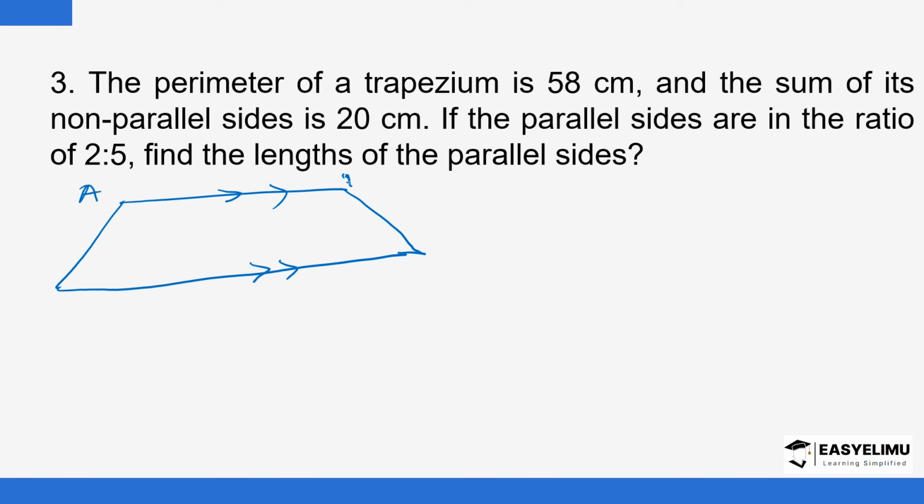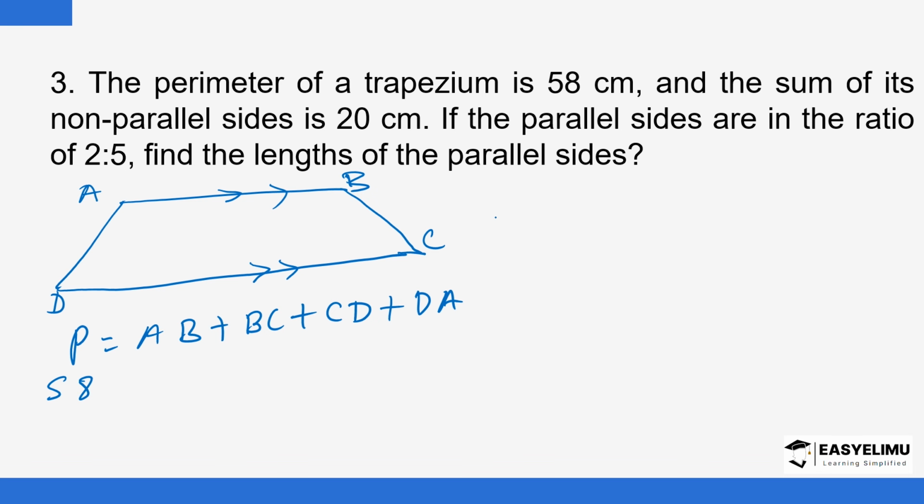So this is A, B, C, D. The perimeter here is given by AB plus BC plus CD plus DA. The perimeter is given as 58.